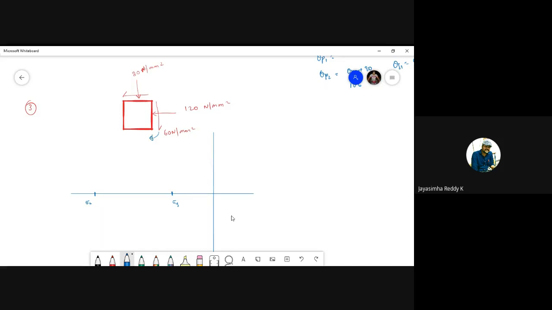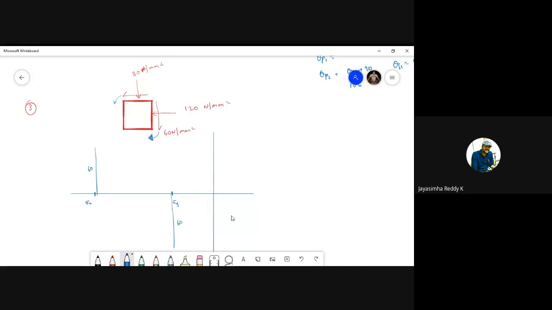How is this direction? Clockwise. So clockwise, we have to take positive. So positive 60. This is 60. And here it is negative. This is making in this way, anticlockwise, counterclockwise. So this is 60.